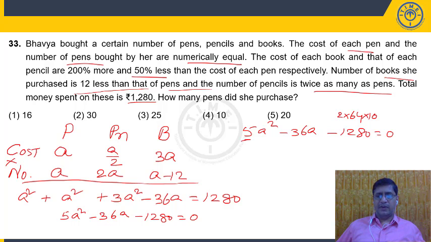So what are the factors here? 5 into 2 is 10, 10 into 10 is 100, 100 and 64. What is the difference of these two? It is minus 36. So what are the roots?